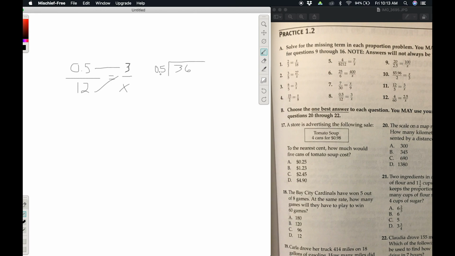Since we can't use a decimal as the divisor, we have to move it over once. Then we also move it over once here and add a 0. 5 goes into 36 7 times. 7 times 5 is 35. 6 minus 5 is 1.